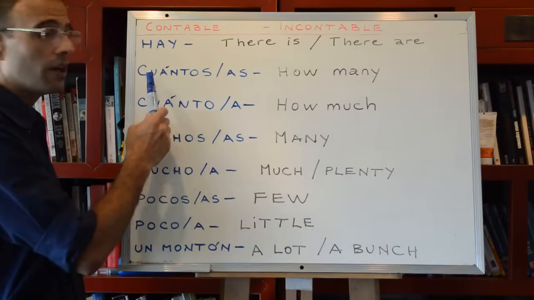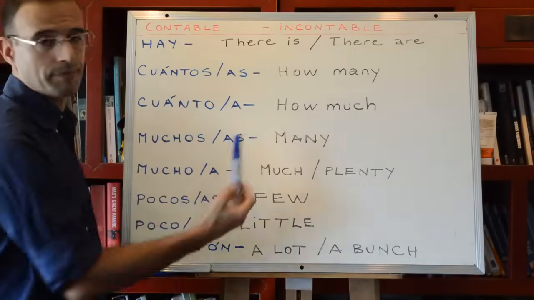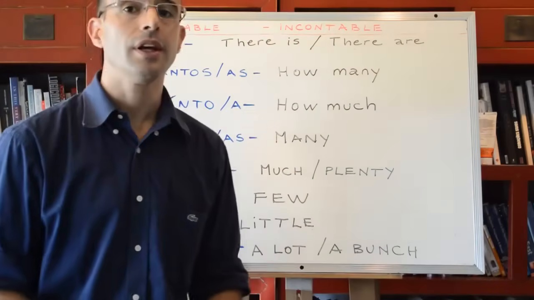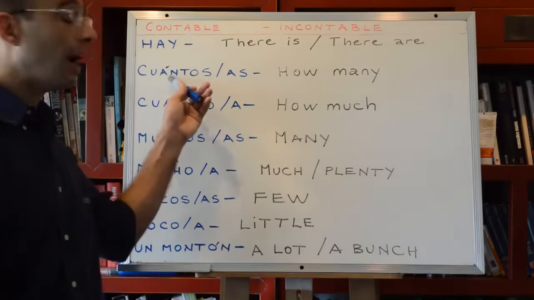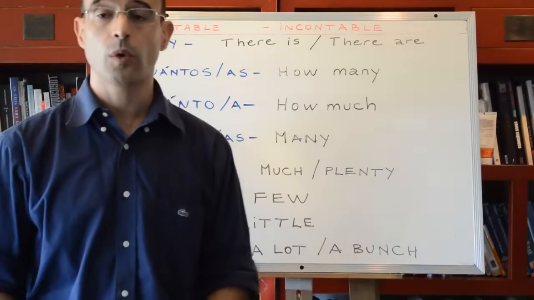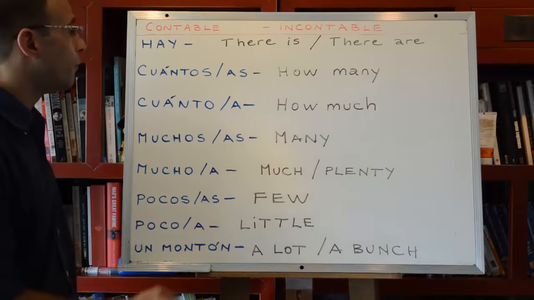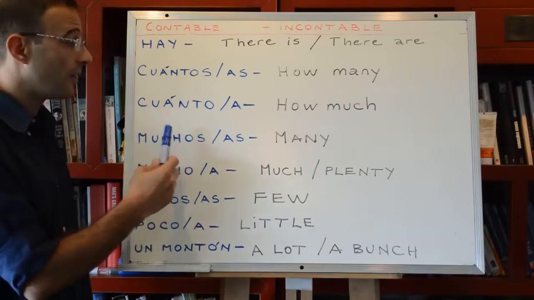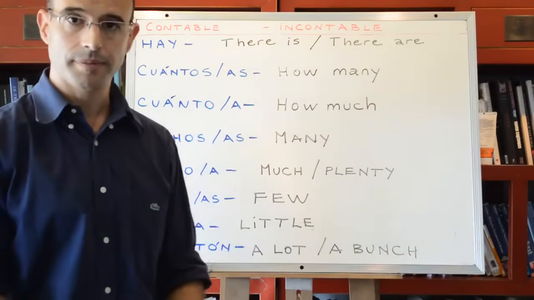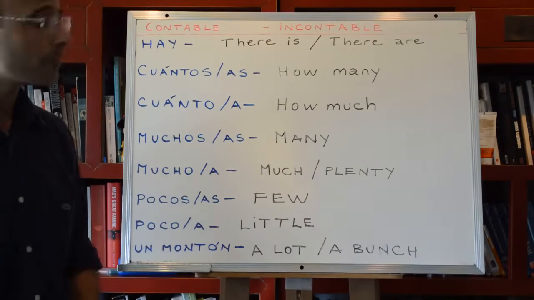So, when we're talking of masculine things, we use cuántos for how many. For feminine would be cuántas for how many, right? For example, ¿cuántos árboles? How many trees? ¿Cuántas casas? For how many houses? Okay? Now, for uncountable, right, things we cannot count, like water, like money, like wind, etc., we use cuánto and cuánta, okay?